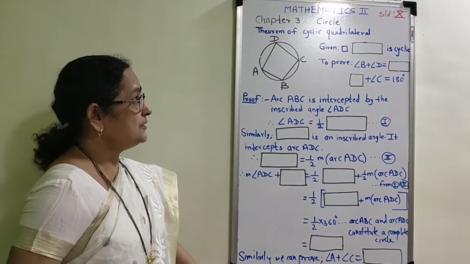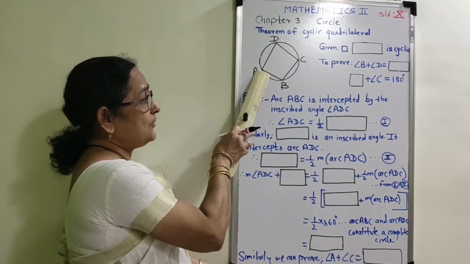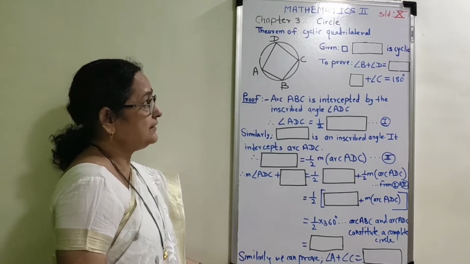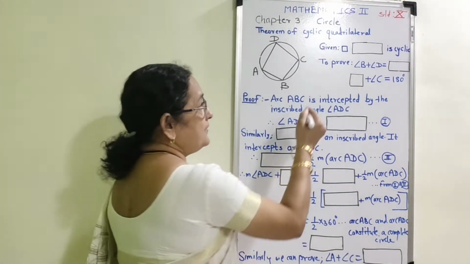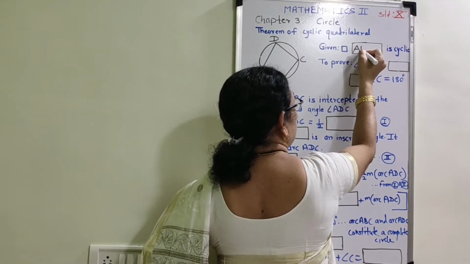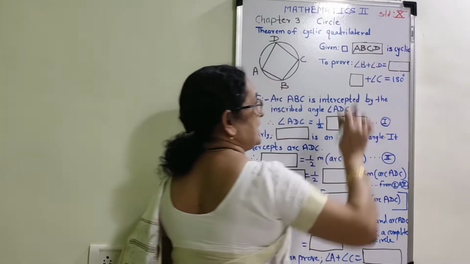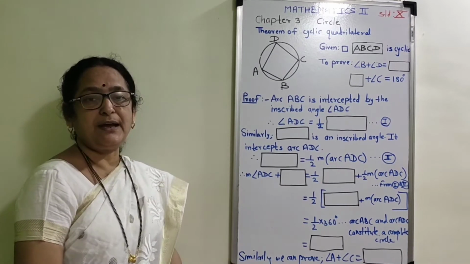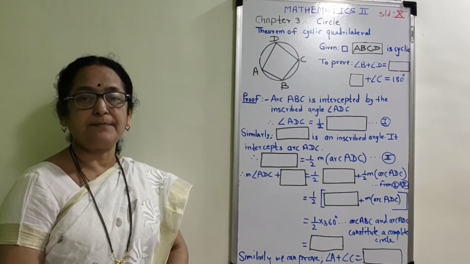Now observe the given figure on this board: quadrilateral ABCD is a cyclic quadrilateral. For the first filling of the blanks, I am going to write here: quadrilateral ABCD is cyclic. This is the given statement. Now you are going to prove that the opposite angles of this quadrilateral are supplementary.